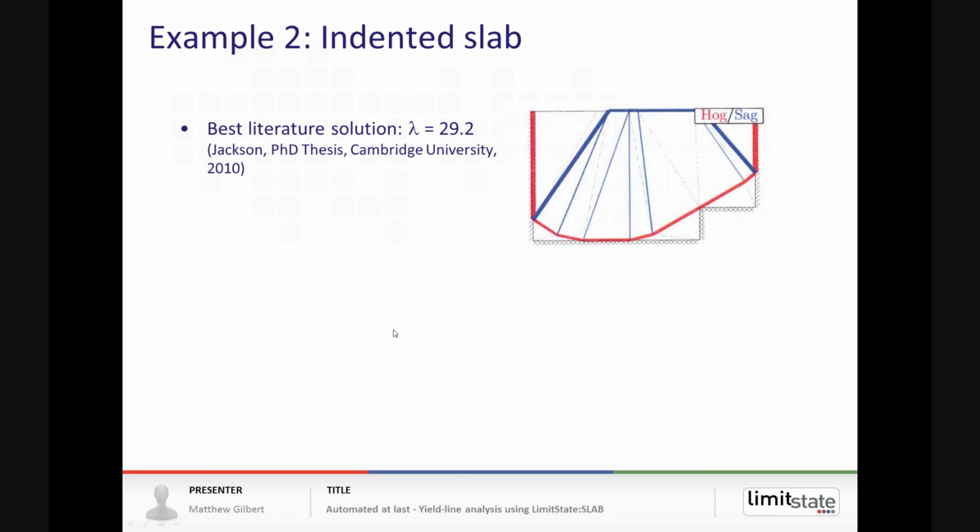The second example is a more practical indented slab problem that was presented by Jackson in his PhD thesis from Cambridge about 5 years ago. And as mentioned, it's got an indent in the corner here, and it's also got combinations of different support types. So we've got obviously fixed and also simple support types evident.